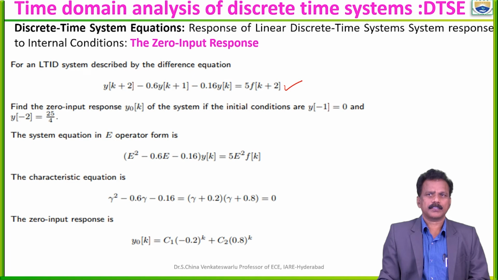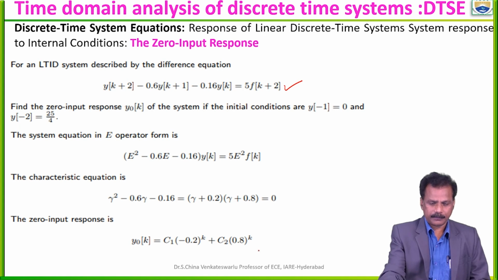The initial conditions are y of minus 1 equal to 0 and y of minus 2 equal to 25 by 4.